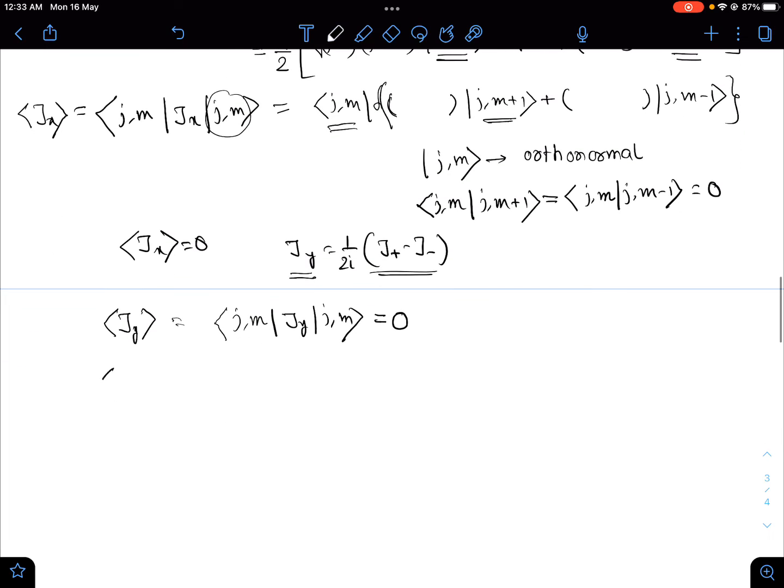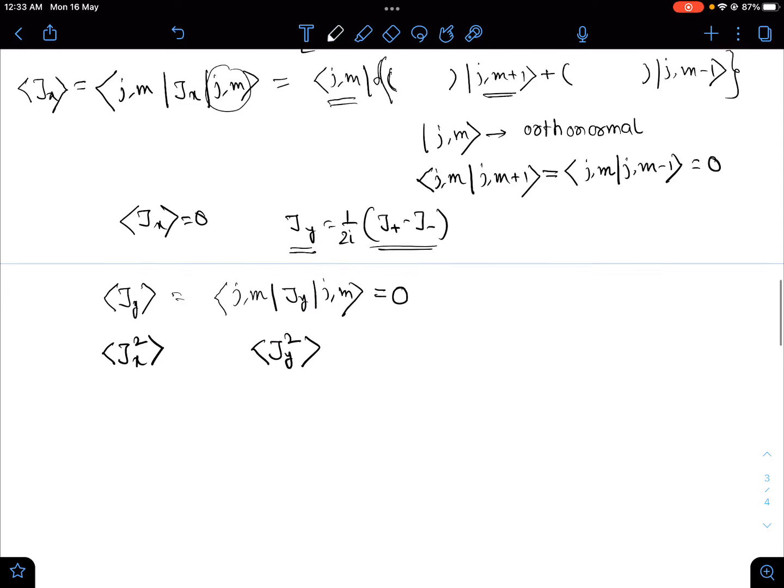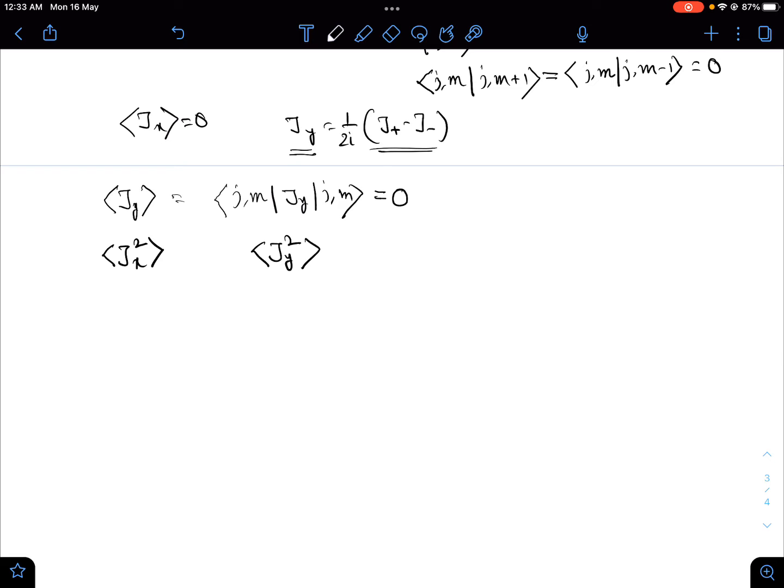So now we have to calculate two more terms, Jx squared and Jy squared. So let us proceed. So what will be the Jx? We can see that Jx is half (J plus + J minus).